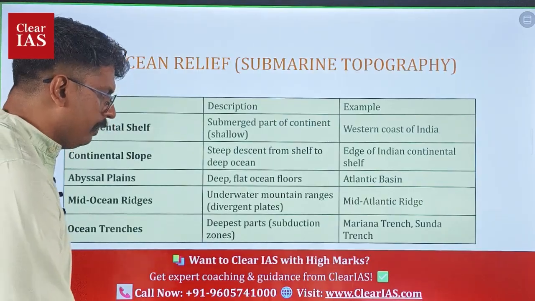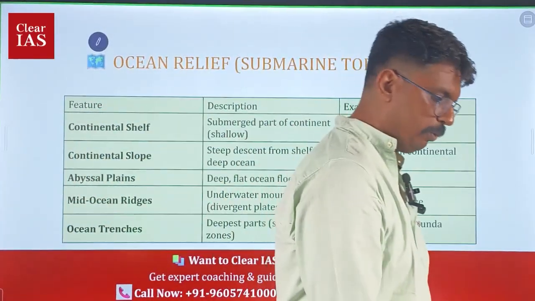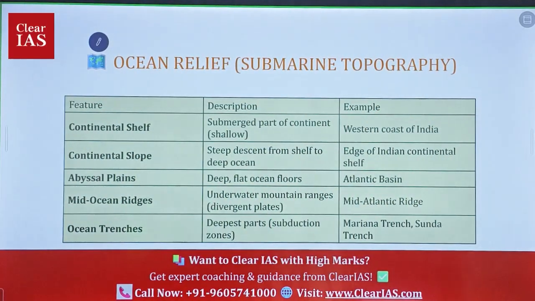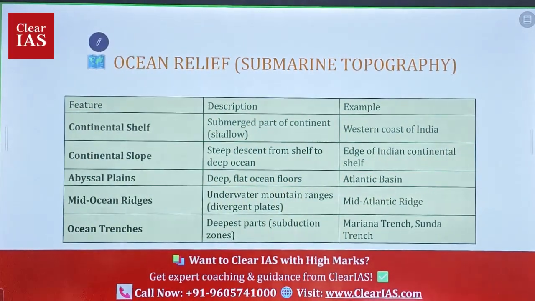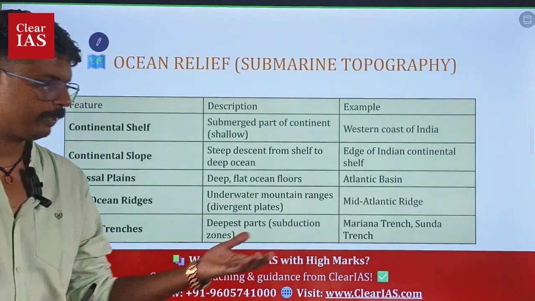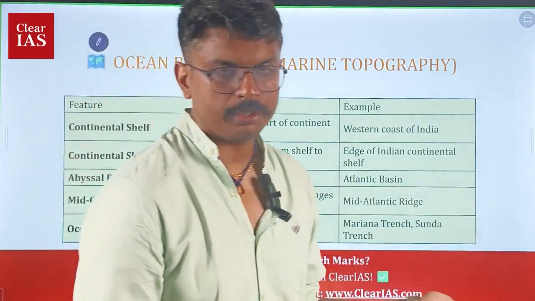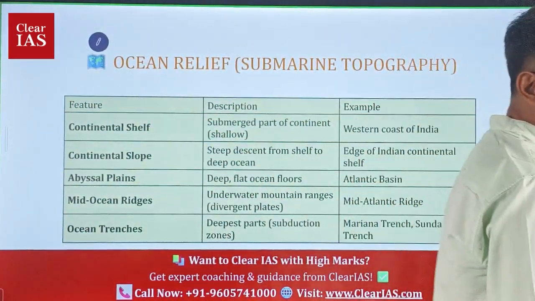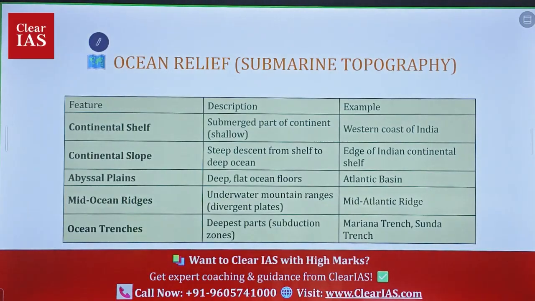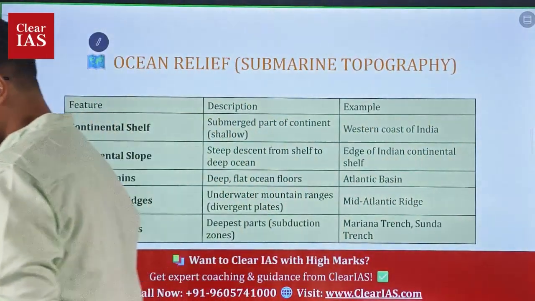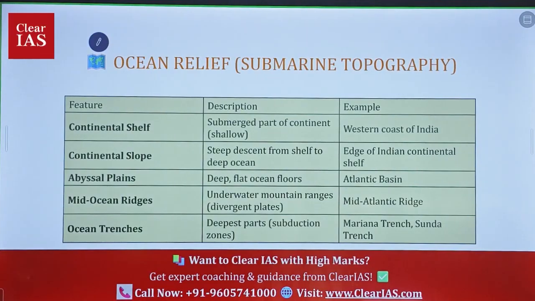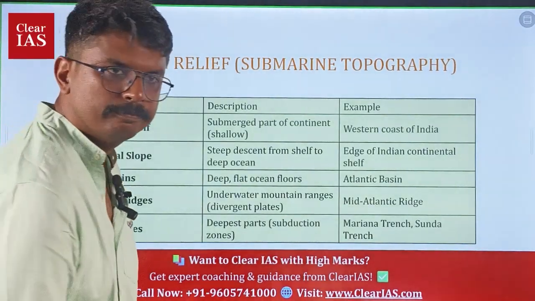It is deep, flat ocean floor. So that's the definition of an abyssal plain. It's deep and it's a flat ocean floor. Example, you can give any Atlantic floor, Indian Ocean basin or Atlantic Ocean basin. These are all examples. All okay?